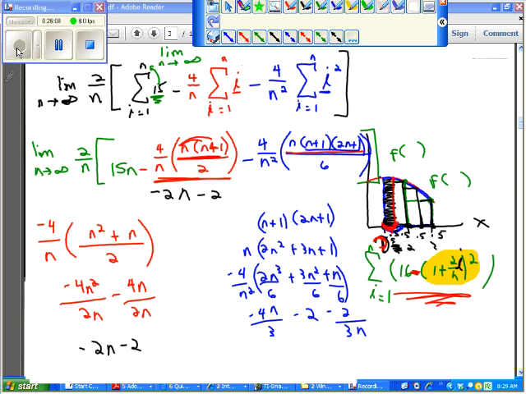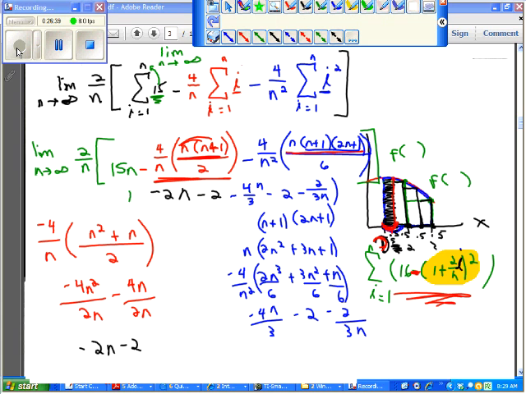Let me check for mistakes to make sure there's no errors there. Okay, so this part turns into a minus 4 over 3 n minus 2 and a minus 2 over 3n.